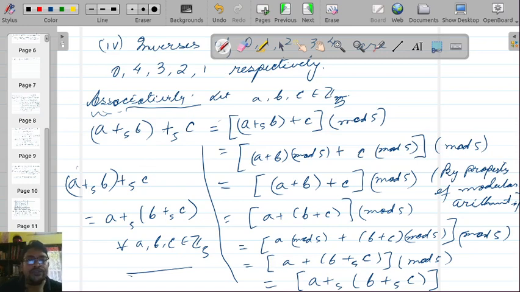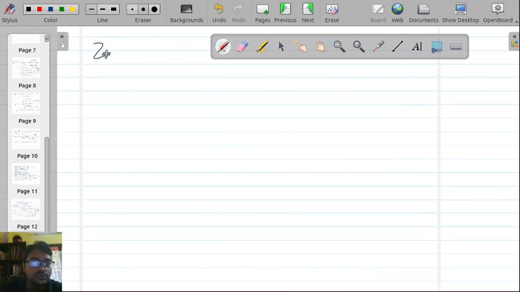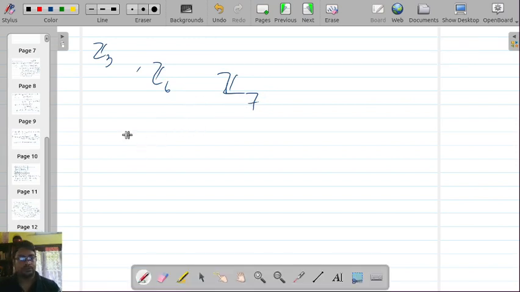So we have seen Z5 is a group. Now you can do the same thing for Z3, Z6, Z7, anything, whatever you like. We have already proved the general case, right? Similar to Zn, there is another group with respect to multiplication: the group of integers modulo n with respect to multiplication.